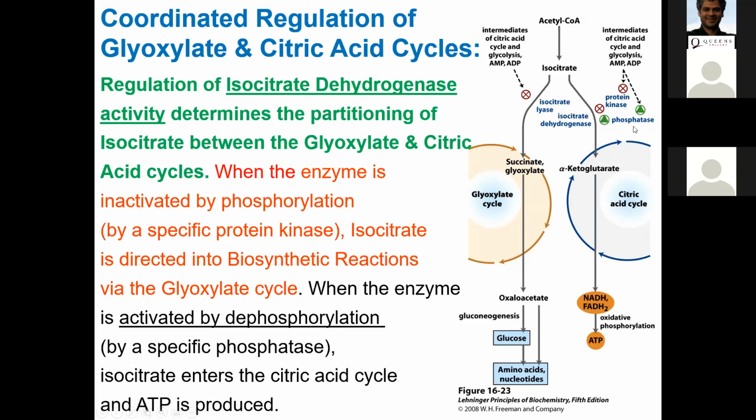On the other hand, when energy is needed, phosphatases will be activated, right? And phosphatases will go and dephosphorylate isocitrate dehydrogenase. Once isocitrate dehydrogenase is dephosphorylated, it will be activated, and once it is activated, it will start bringing isocitrate through the citric acid cycle to make ATP.